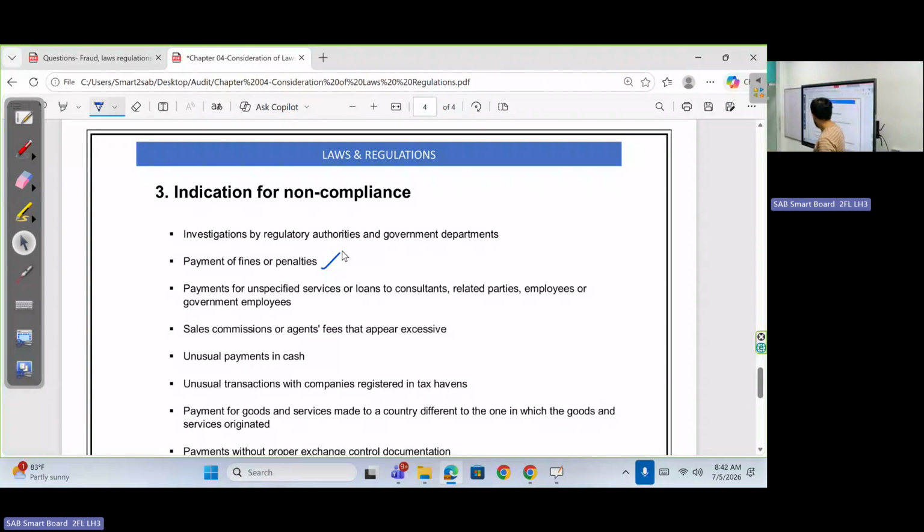Payment for unspecified sales, loans to consultants, related parties, employees. What is meant by this? By checking the documents. 100% the auditor should rely on external documents for most things. Only in certain cases can we rely on internal documents.